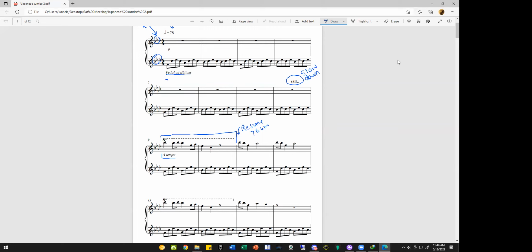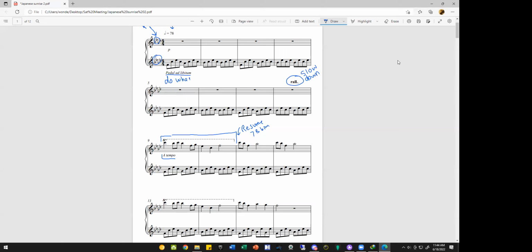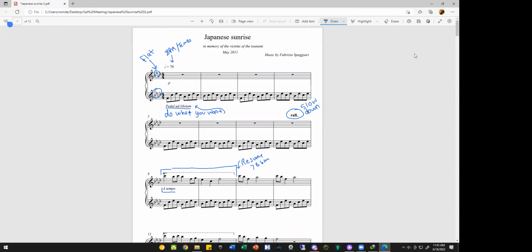Well, normally we change the pedal every time we meet a new harmony, okay? Because if we keep different harmonies together with the pedal, we will just create chaos. It's not a piece written by Ravel or Debussy, those French composers that remind us of those famous French painters, les impressionnistes.